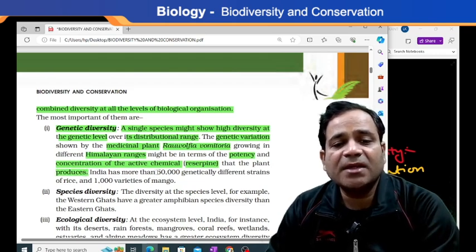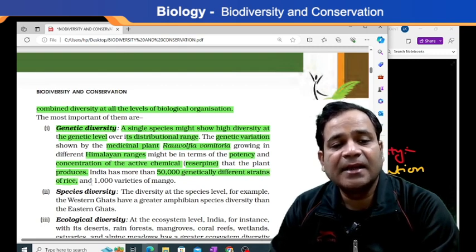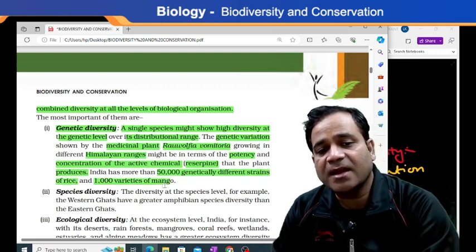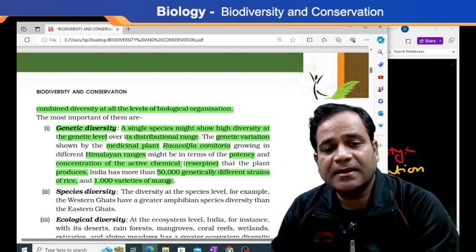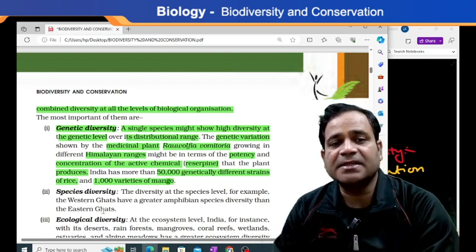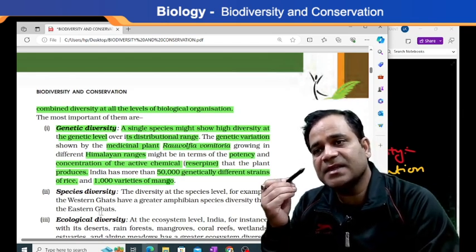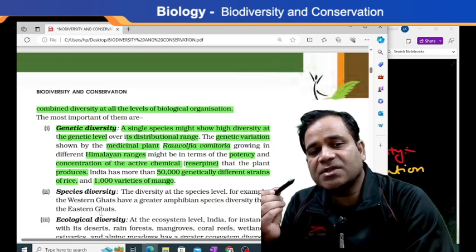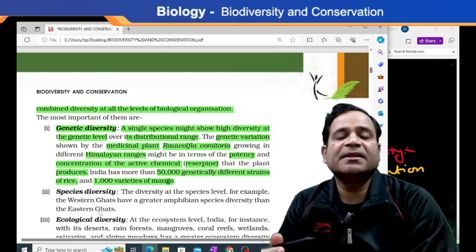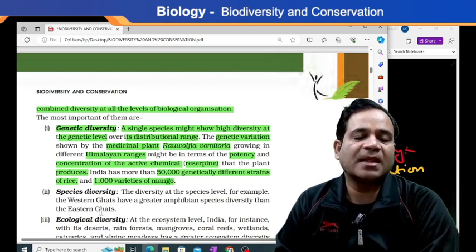India has more than 50,000 genetically different strains of rice and 1,000 varieties of mangoes, my dear. Getting this? So this is diversity in a single species, my dear. So if there is diversity in a single species, then it is known as genetic diversity, my dear. Getting my point?